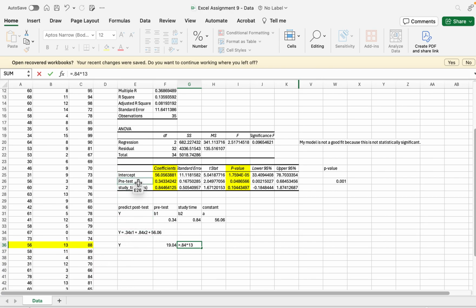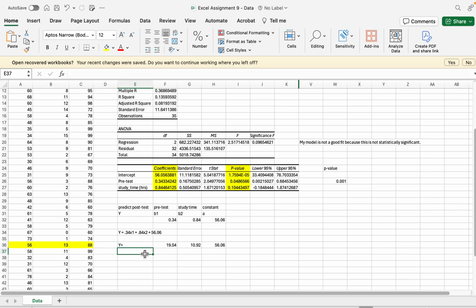So pre-test, this is going to be multiplied by what their actual pre-test score was. Okay, so then that gives you 1904 plus 10.92, and then you still have this constant, so that did not change. And then, so y equals these things, right?